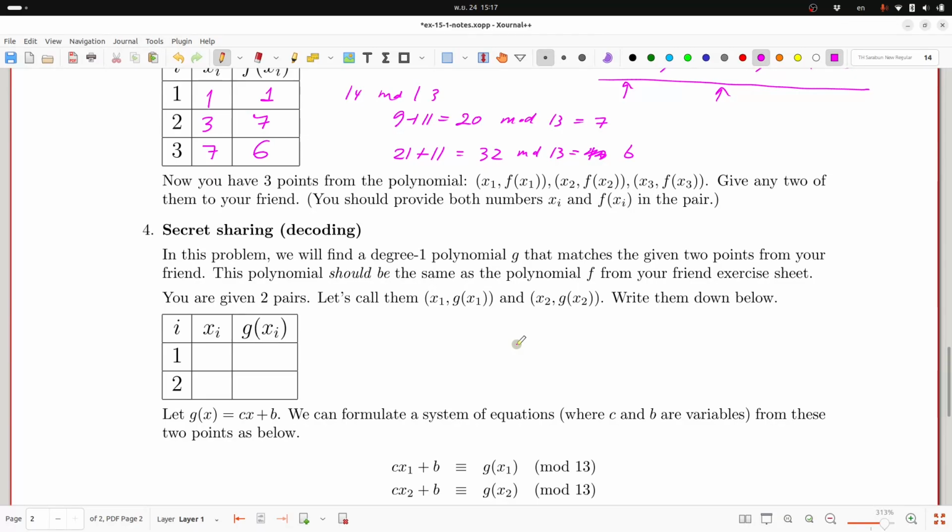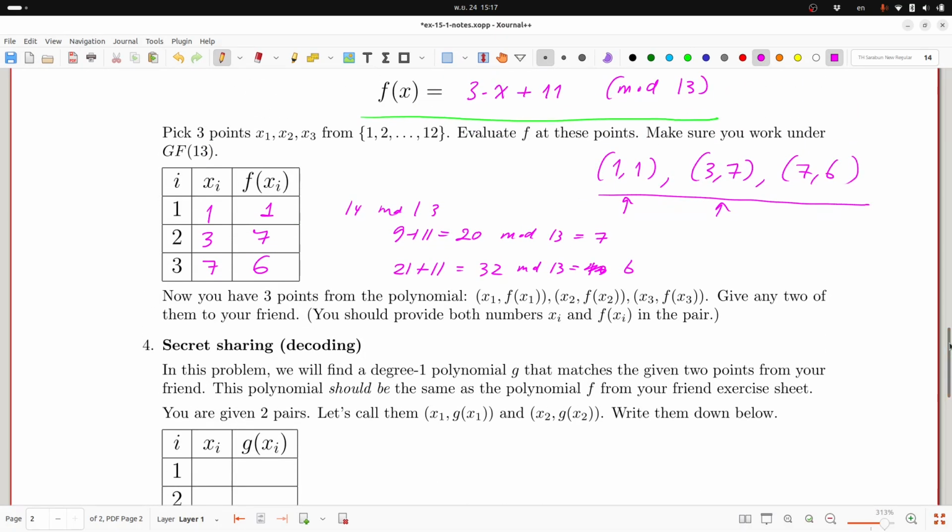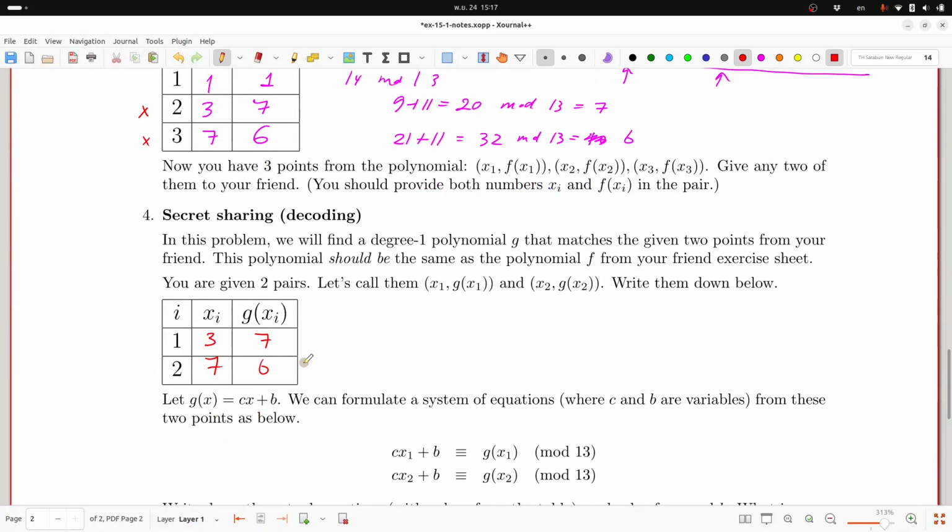So let me do it really quickly so that you have time to work on this. Suppose I pair with myself, which is really bad. So I would take 2 points like this one and this one. So I have (3, 7) and (7, 6). Okay. So I know that this is a value of some function g, which is a line, right? So I know that g is of the form cx plus b. So I can write equations like this.